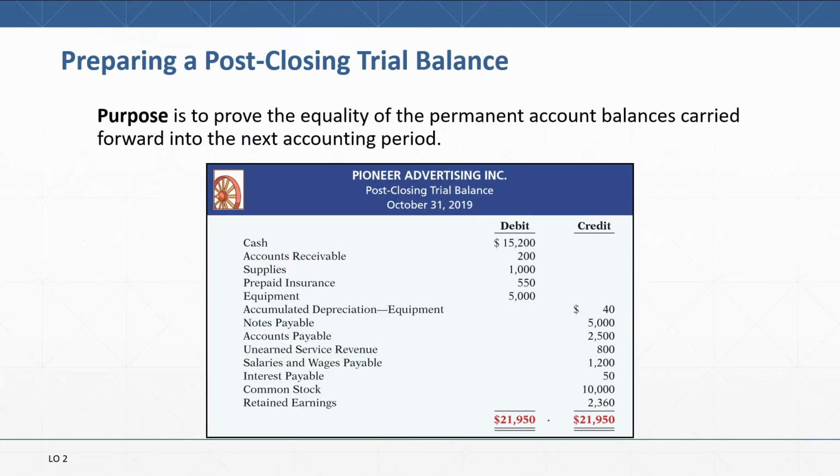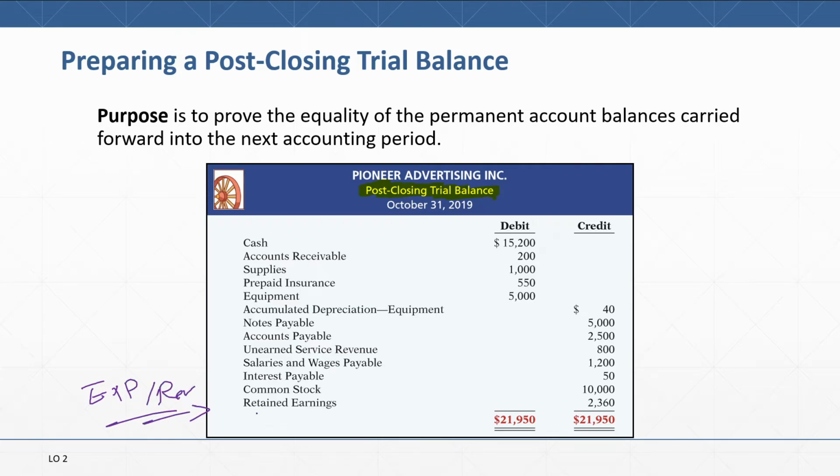After we closed our temporary accounts, we prepare our post-closing trial balance, the third TB. The main difference between post-closing trial balance and adjusted trial balance is that, you guessed it, there is no expense or revenue account here.